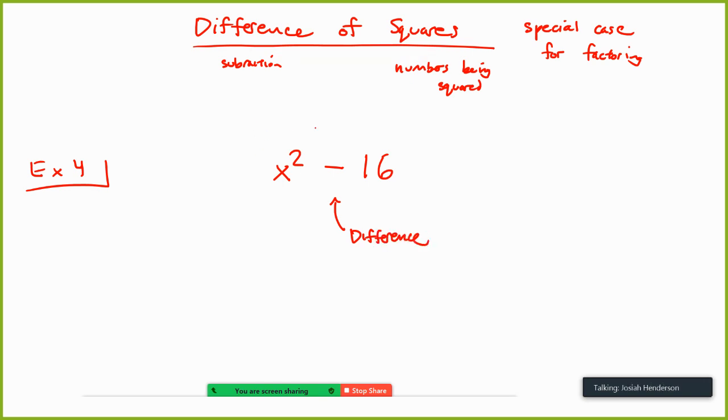And notice that both terms here, x squared, well, that shows us it's being squared. So this is obviously a square number. And then 16, double check, is that a square number? Sure. That's 4 times 4, or 4 squared. A square number.